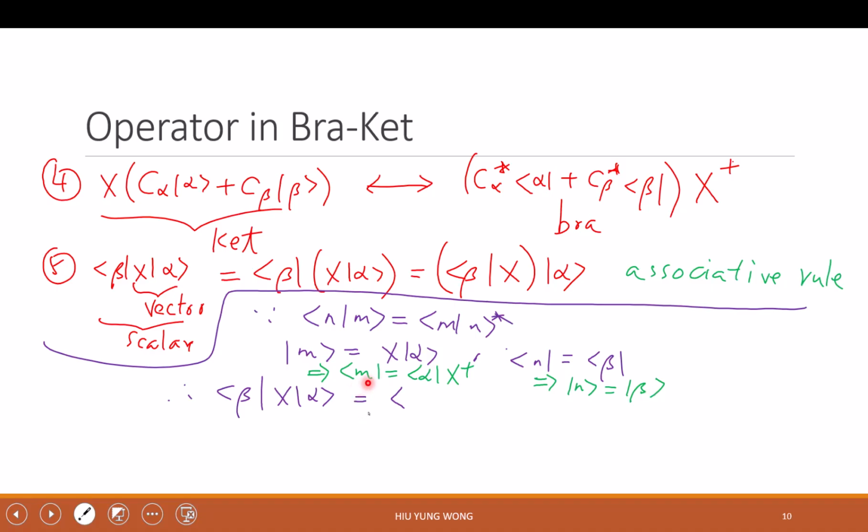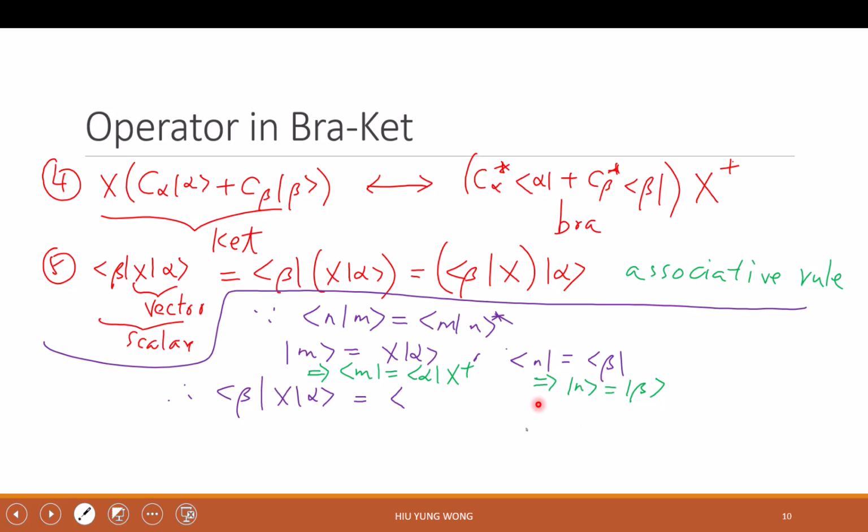Which operation? This one? Oh, no. This is the bra, right?